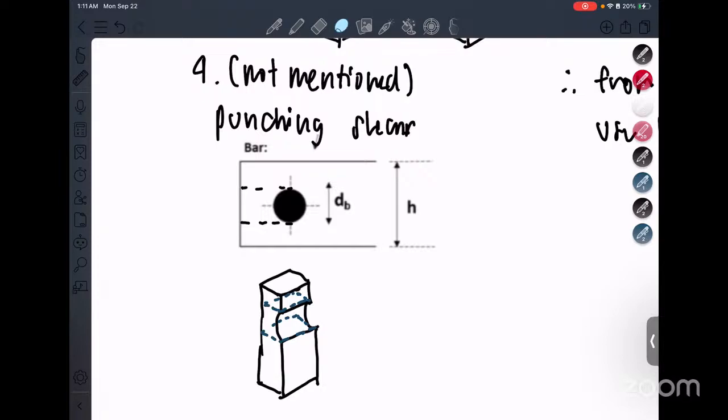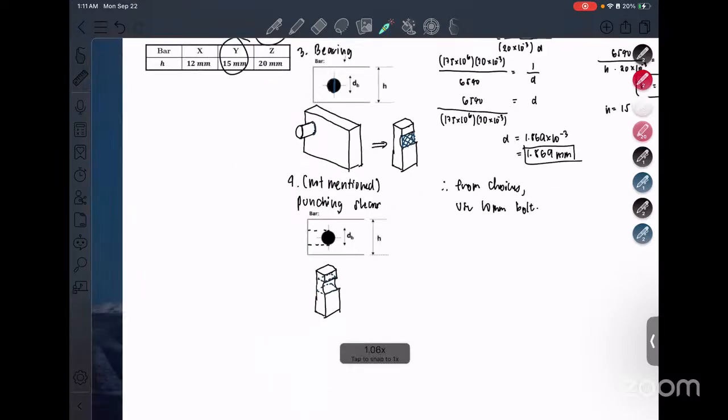For punching shear stress, it refers to the section of the bar that, the way you think about it is, dun siya magte-tear off if nag-fail yung system, right? Dun siya bubutas. That's the exposed area if it breaks. So that's punching shear stress. Okay, moving on.